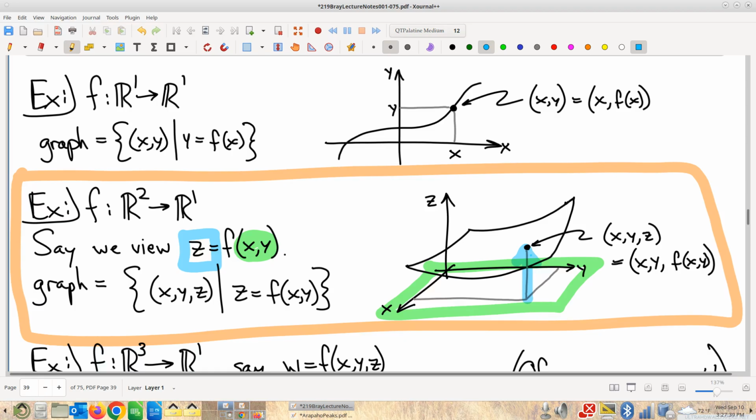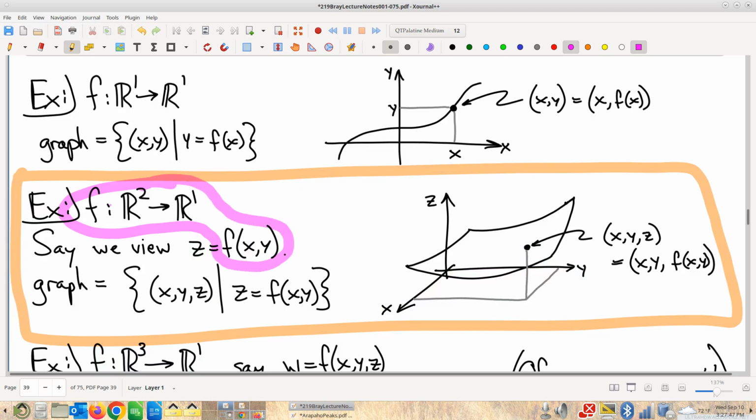Okay. Again, an alternative way to think about this, I think really useful. Starting off with a function, right? Domain, target, formula. The graph is what you get when you set the output values equal to a new variable. In this case, x and y are both inputs, so I'm going to use z as my new variable name to call the output.